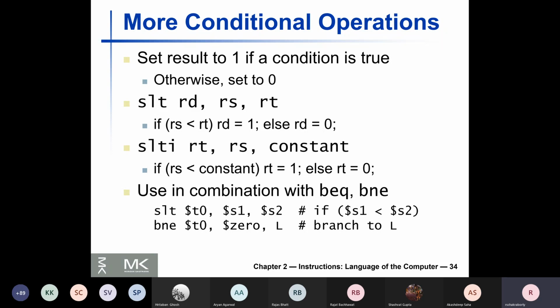RD will either be 1 if the comparison succeeds, or it will be forced to 0. It is not left in some junk state if the comparison fails. That does not happen. It's a well-defined value, 1 or 0, that is imposed on RD depending on whether the comparison has succeeded or not.